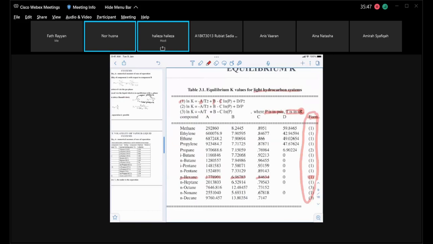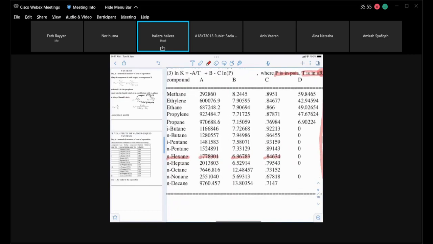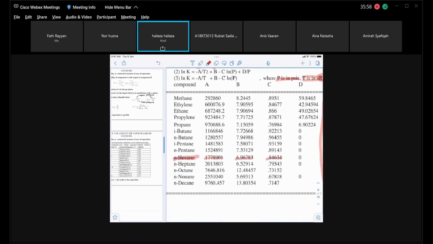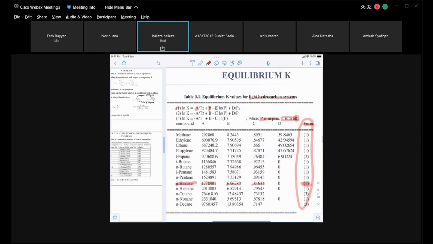It's already stated. You can see which equation they're going to use, 1 or 2 or 3, depending on which system you're referring to. For the example that I just did, N hexane, I'm supposed to use equation number 1. So equation number 1 is this. It's already given.